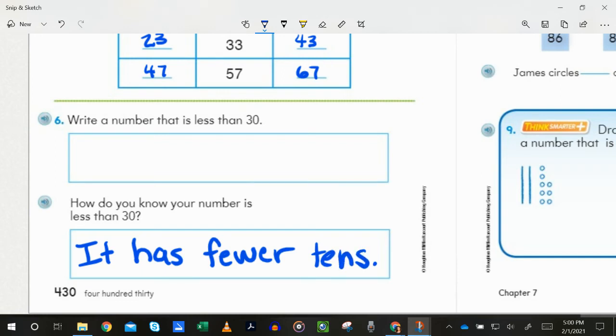Okay, so it has fewer tens or less tens, or you could have said something like it only has 2 tens or 1 ten or no tens. Okay, but hopefully you said something about the tens, and that should give you the correct answer. That would give you a star on that one, if you've talked about the groups of 10.